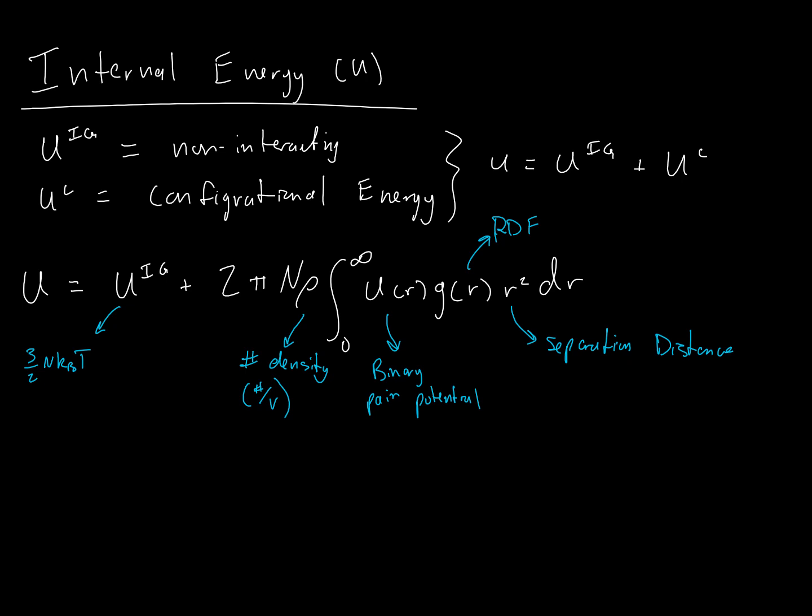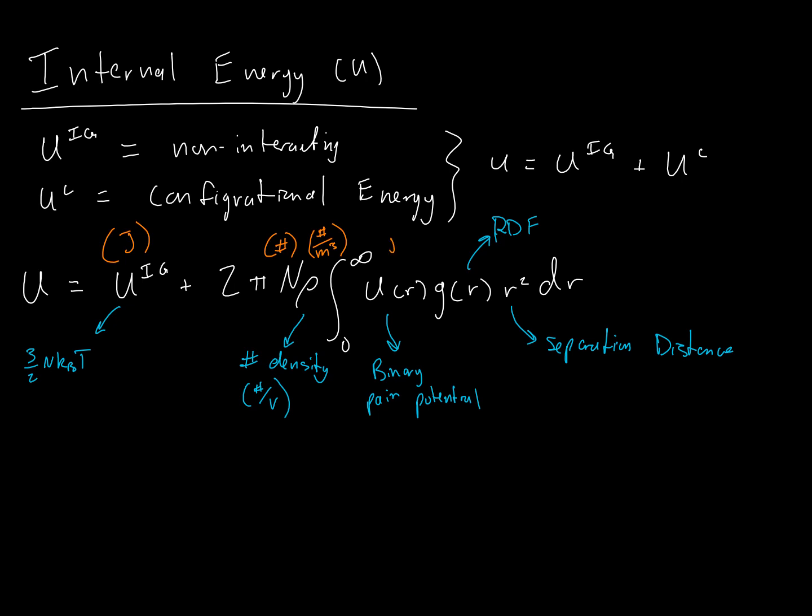So let's make sure we understand this equation, and let's go through its units. For U, internal energy, this is of course just going to be units of joules. We've already looked at that and confirmed it. N is dimensionless, it's just a number. The density is some number over a volume term, so I'll stick with SI units: that's 1 over meters cubed.